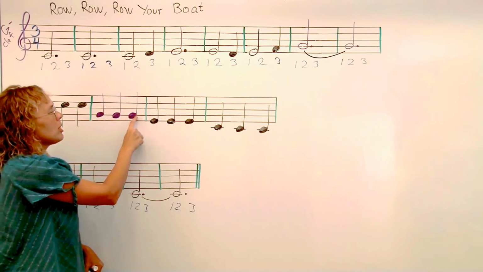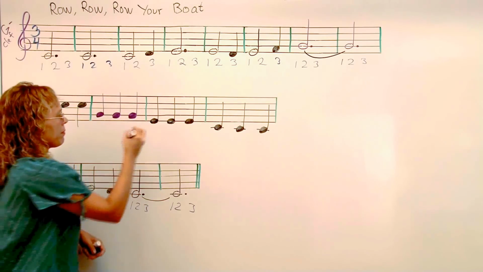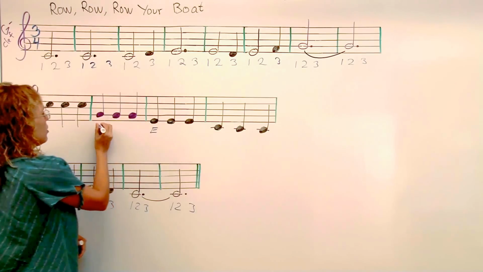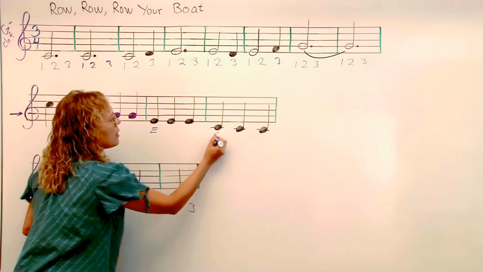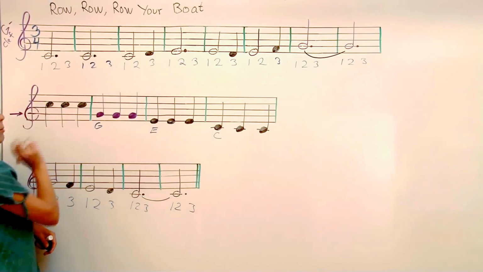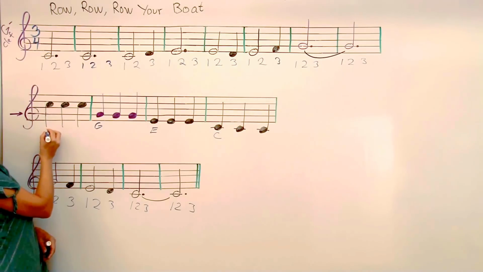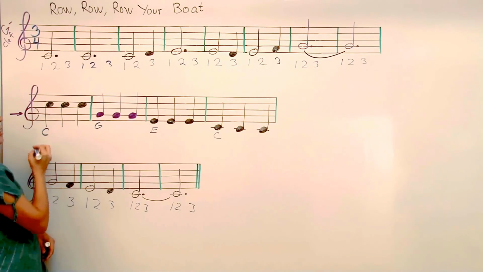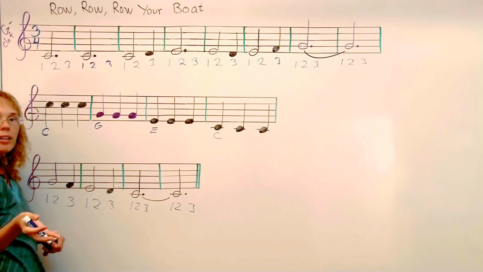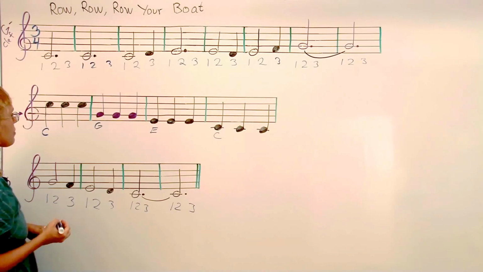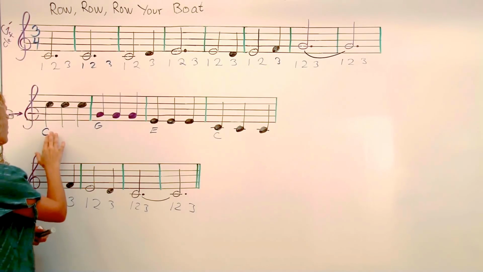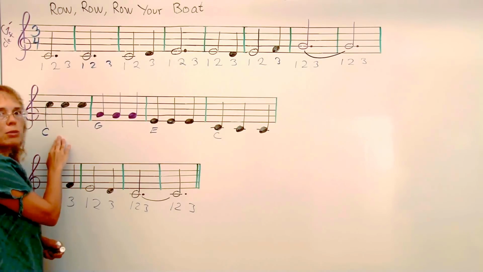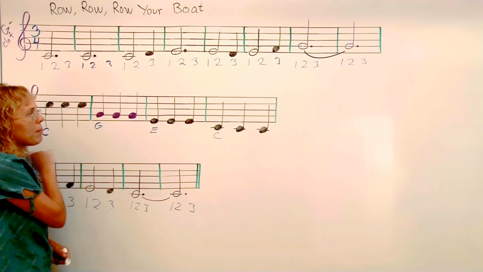But you don't. You skip one and you go down to E. Here's E. G, E, and here's C. And then this note I'm just going to tell you is a higher C. It's not middle C, but the next C up higher. This is something you might want to note, especially for this song.